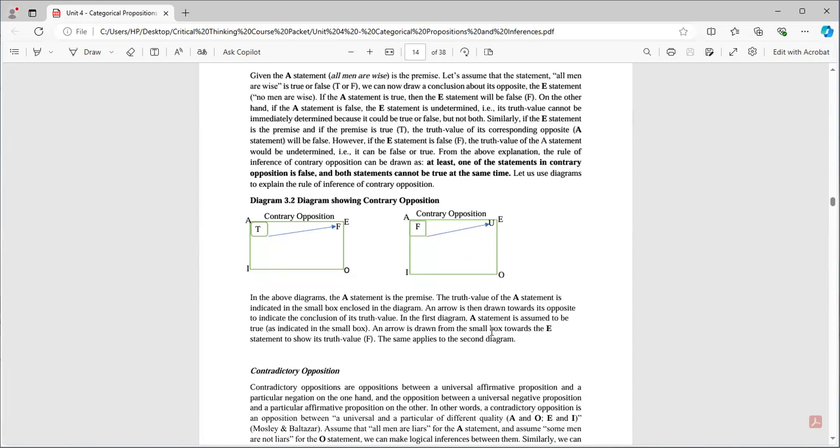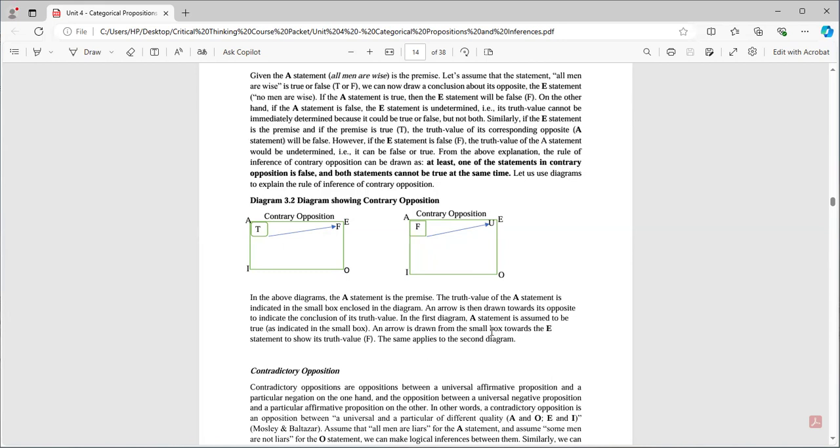So the rule we are getting from contrary opposition is that at least one of the statements in contrary opposition is false, and both cannot be true at the same time. When you say at least one is false, it means that both can be false, but both cannot be true.